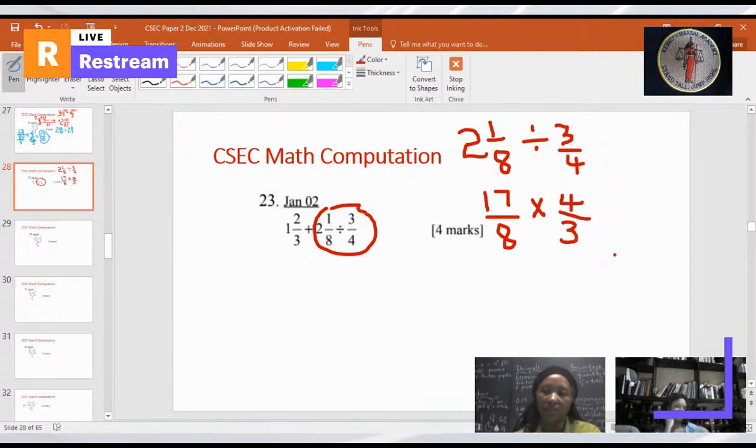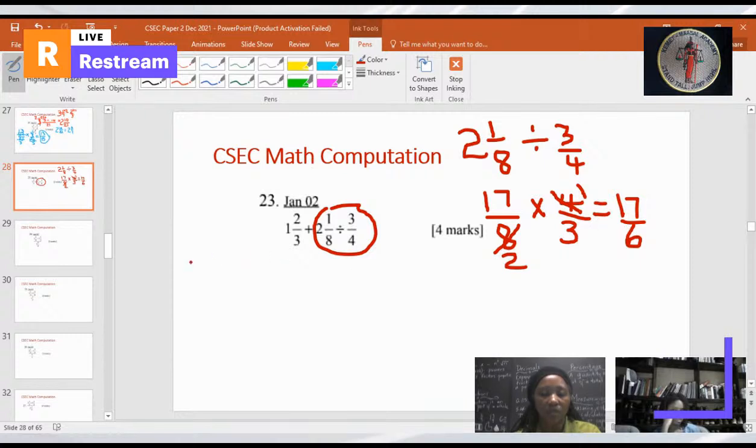So 4 into 8 goes 2 times. 17 times 1 is 17 over 2 times 3, which is 6. Leave it in that form since you're not finished with it as yet.